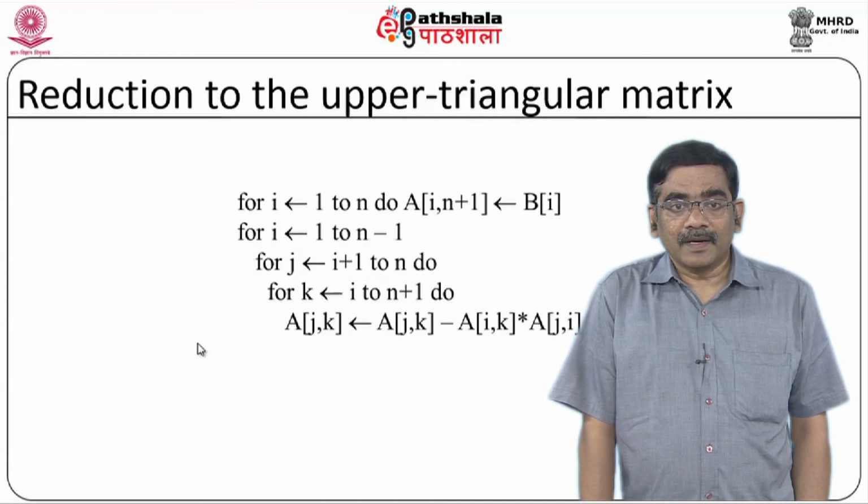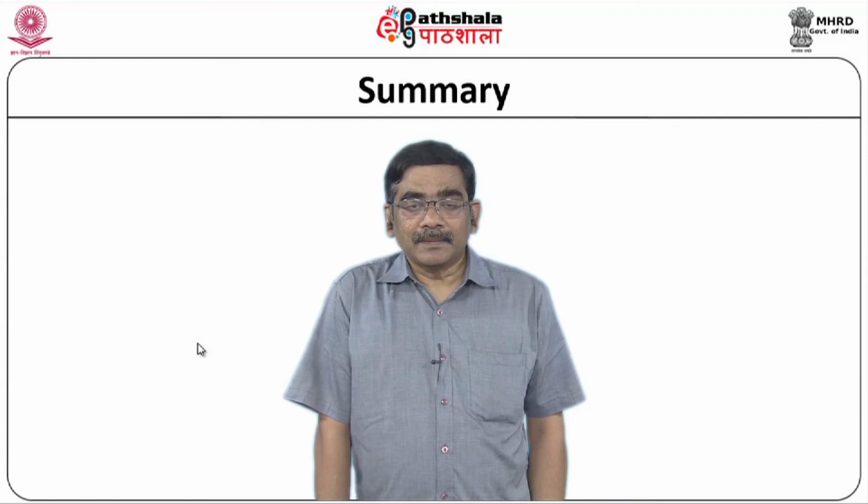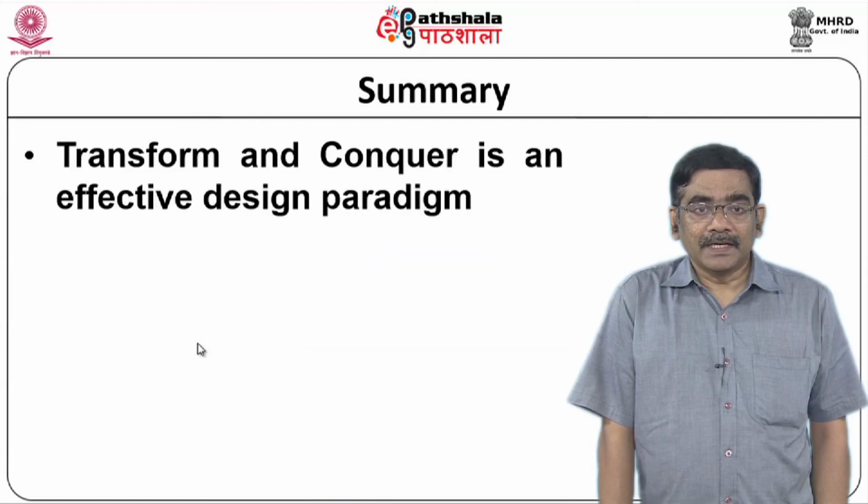This is the formal algorithm for getting the upper triangular matrix, and this is the formal algorithm for the backward substitution. The complexity of this algorithm is theta of n cube, so we can implement this algorithm for reasonably large sizes of equations.